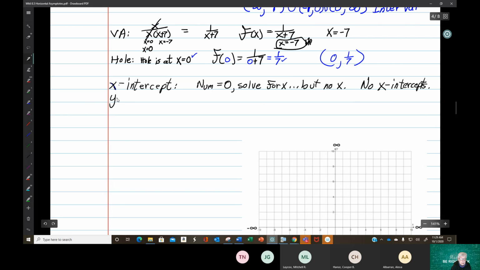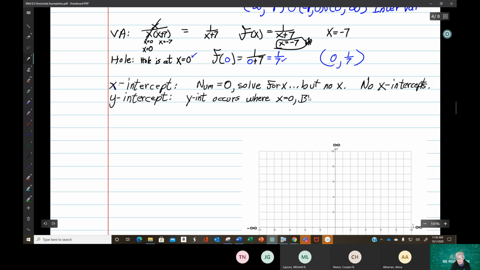The y-intercept, well, now that's going to be a problem. The y-intercept occurs where x is 0. And what can x not equal? The y-intercept occurs where x equals 0.